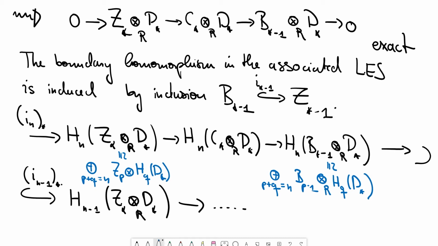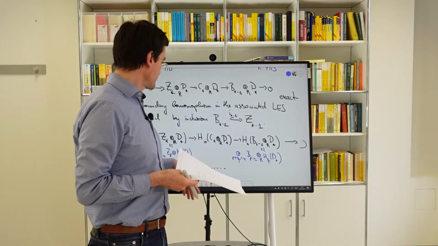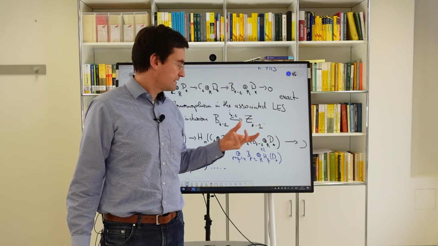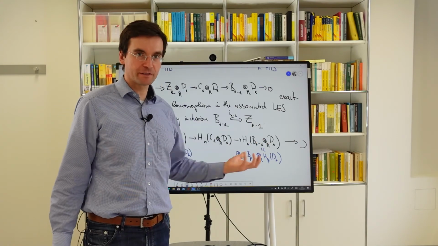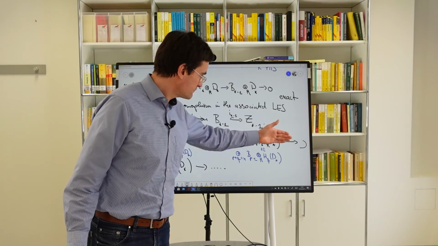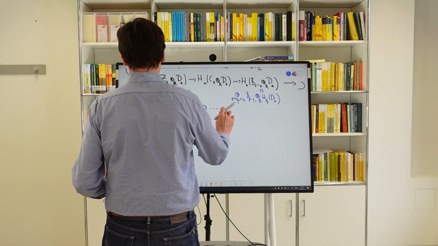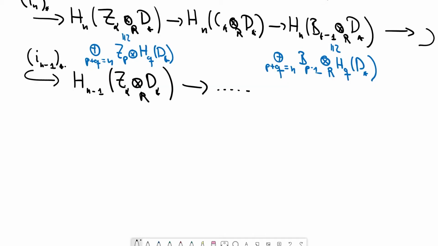All right. We proceed now also in a similar fashion as before. We have this long exact sequence. We want a description of the term that you see here as a short exact sequence of something else. So we break this long exact sequence up into short exact sequences by looking at kernels and co-kernels. And then we obtain a short exact sequence that starts with the co-kernel of i n star.